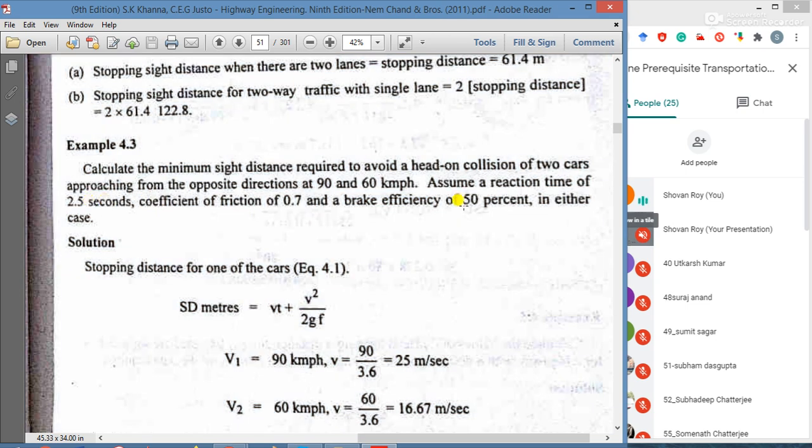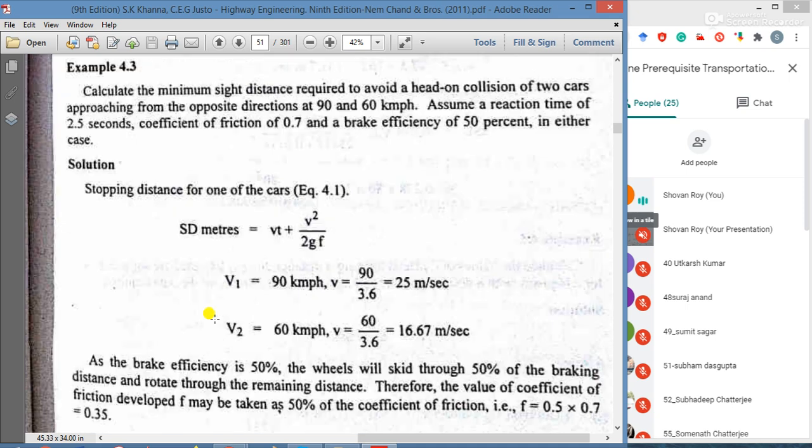The only difference is the speed of the vehicle. One vehicle is going at 90 km per hour and the other vehicle is moving at 60 km per hour, and both are opposite to each other. Now let's see the solution. The stopping sight distance formula is the same, Vt plus V square by 2gf.